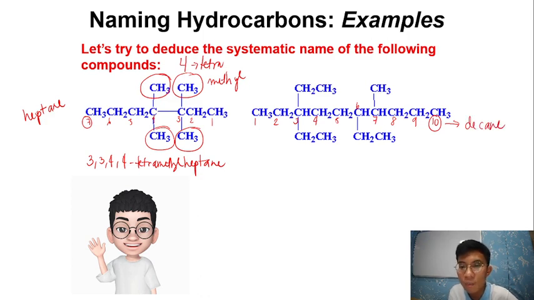O, ngayon, ano ang mga substituents ninyo dyan? So, ito, at yan. So, meron tayong isang substituent ilang beses na ulit. Merong tatlo. So, when you have 3, this is tri. So, tri, tatlong beses. What's the name of the substituent? So, since meron tayong dalawa, so this is ethyl.